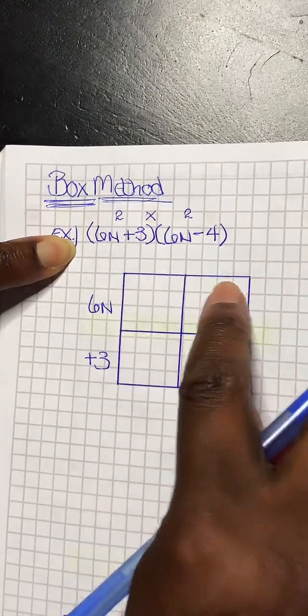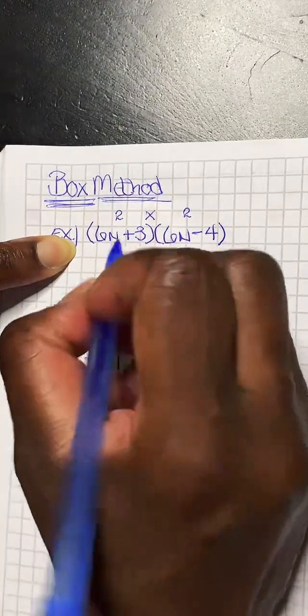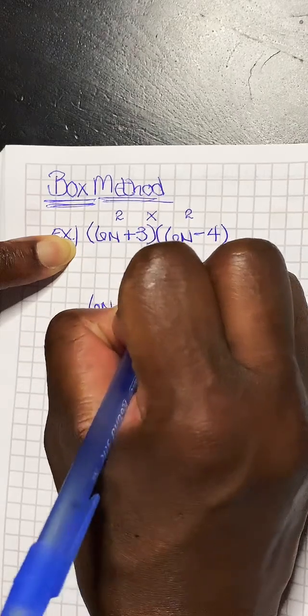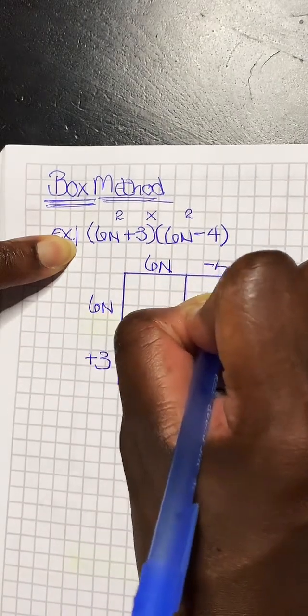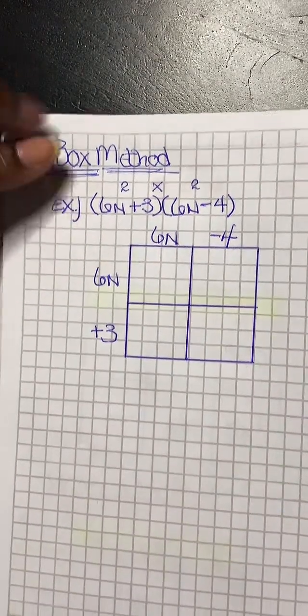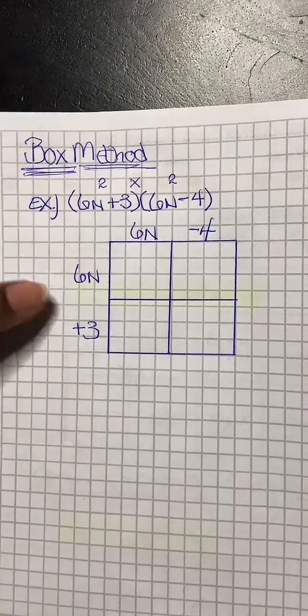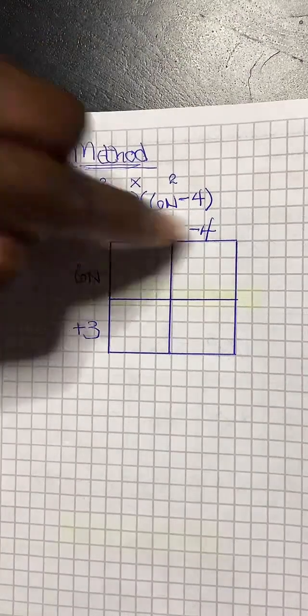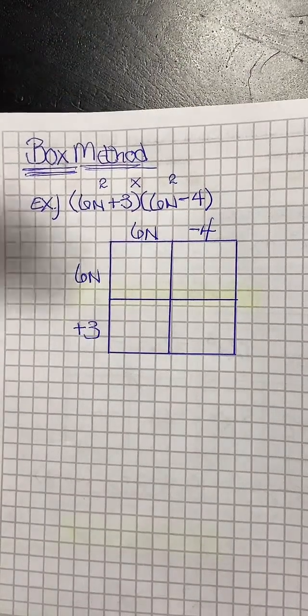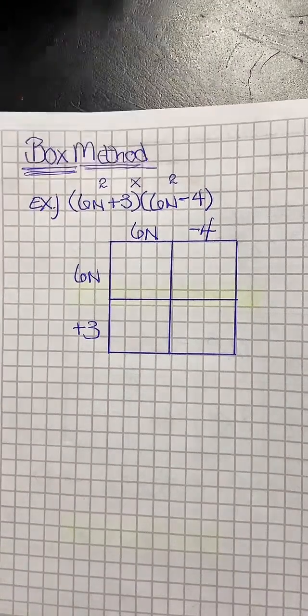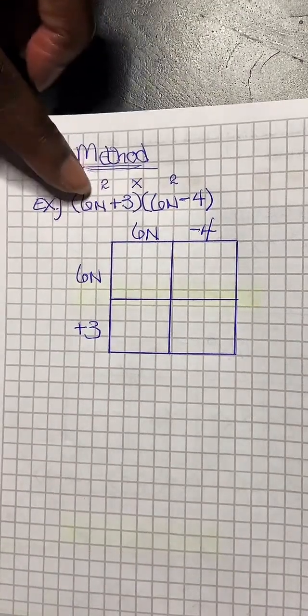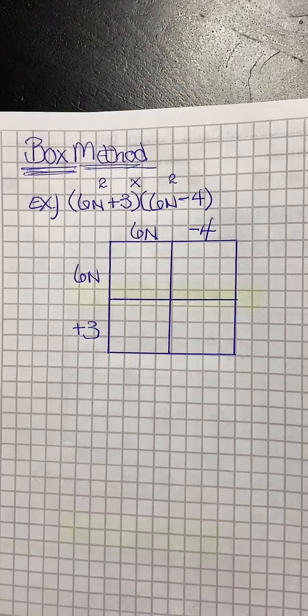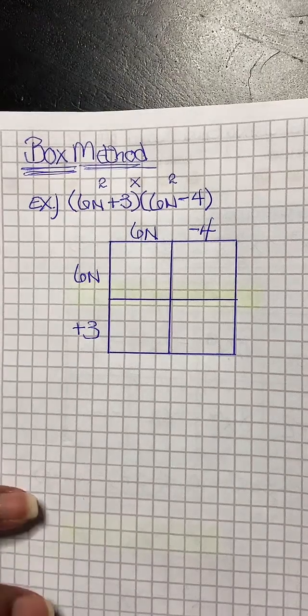And if I want to say that these are going to represent my columns, then this is my 6n and this is my minus 4. Since it's multiplication, it really doesn't matter which of the parentheses go where. I just like, because I know I read from left to right, I just like to say, okay, these are my rows, these are my columns. So I'm still taking what I know to apply to this.